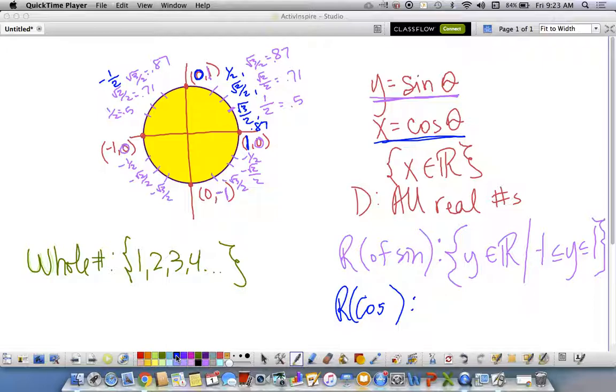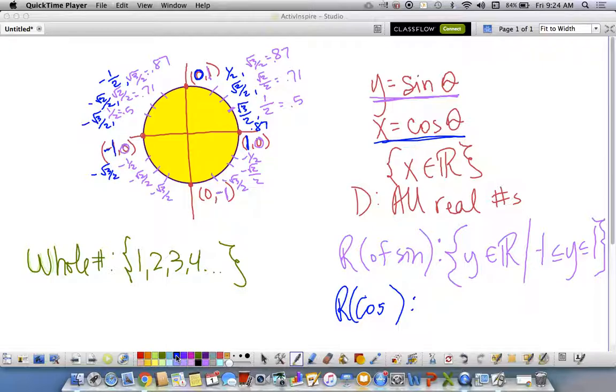Negative 1/2. So we went from 0 down even farther, down to negative 1/2, down to negative square root of 2 over 2. These are commas, I guess. And then we go to negative. So we went from 0 to negative 0.5 to negative 0.71 to negative 0.8 until we get to what? Negative 1. So we keep going. Are we going to keep going down? Negative square root of 3 over 2.